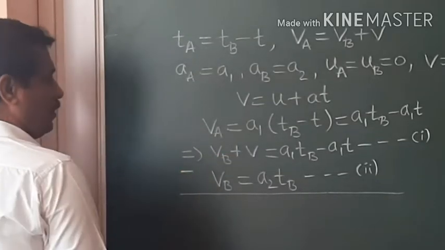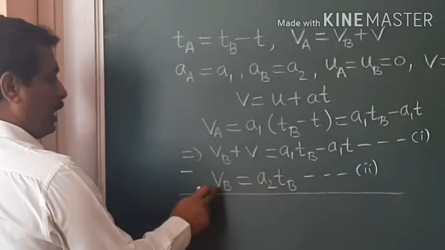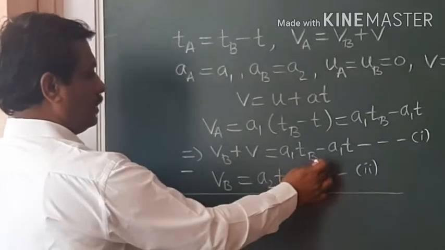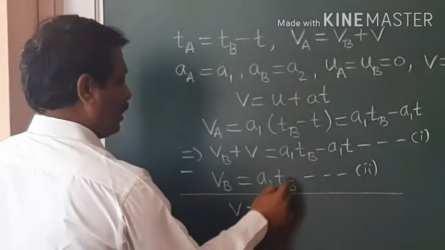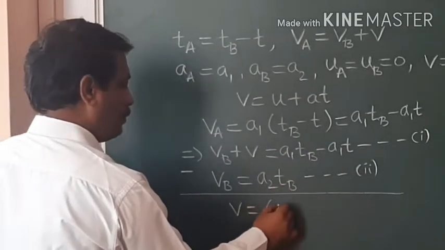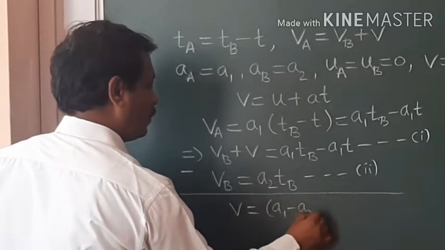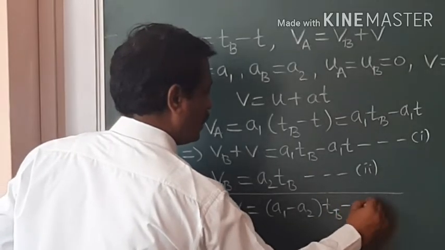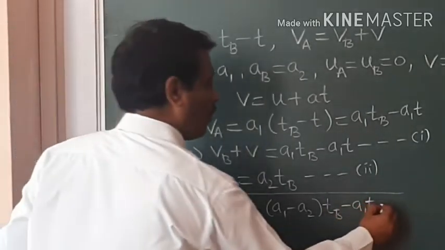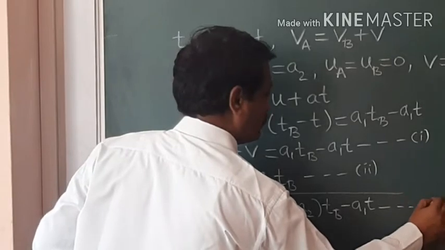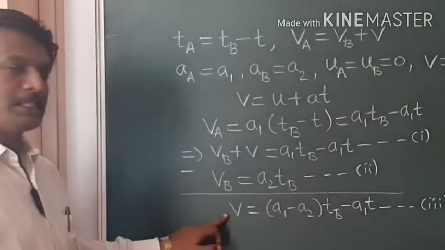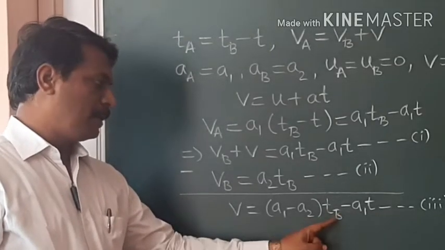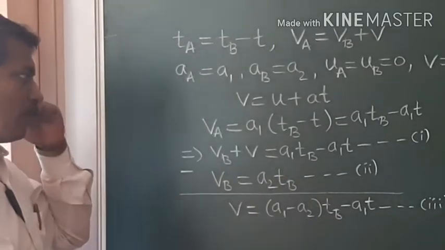Subtracting, VB plus V minus VB means we will get V is equal to, on this side, A1 TB minus A2 TB, which we can write as (A1 minus A2) TB, then minus A1 T. You call it equation 3. This is the expression for V, but here TB is there. We have to eliminate this TB. For that we will take one more formula.